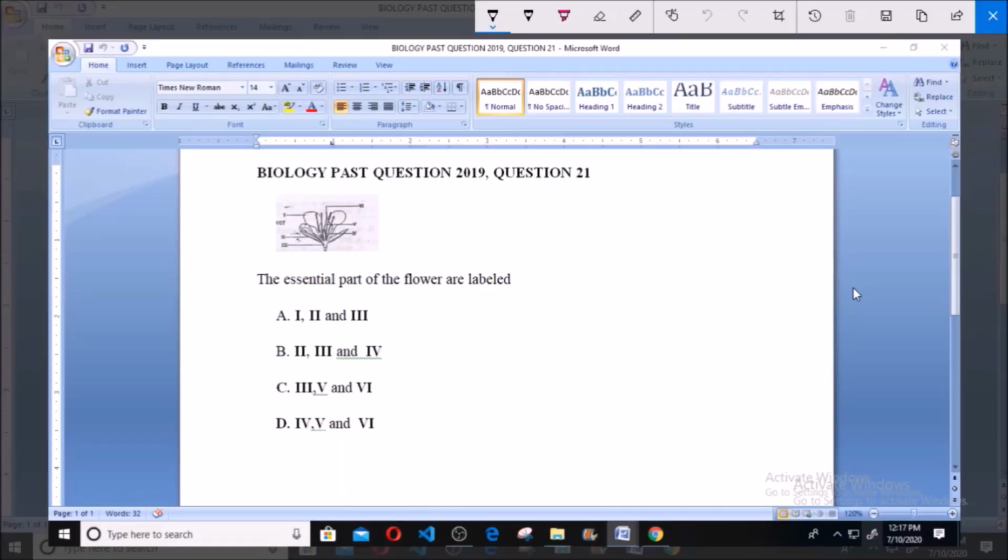Today we're dealing with biology past question 2019, question 21. The essential parts of the flower are labeled: A. I and III, B. II and IV, C. III, V and VI, D. IV, V and VI.